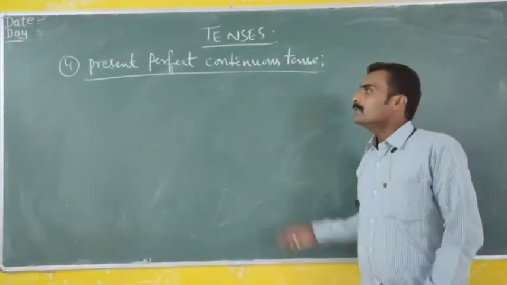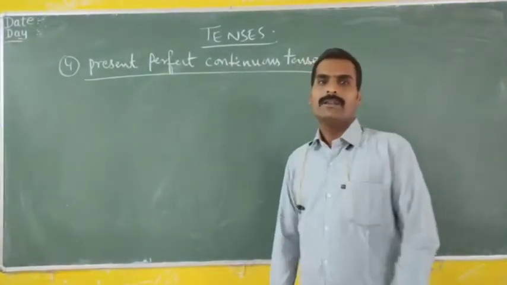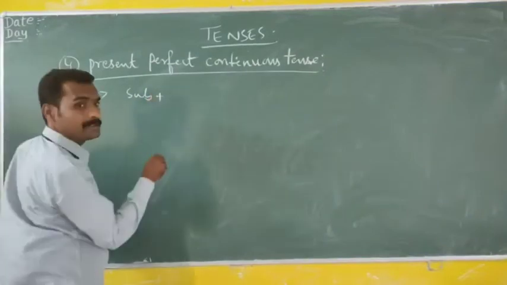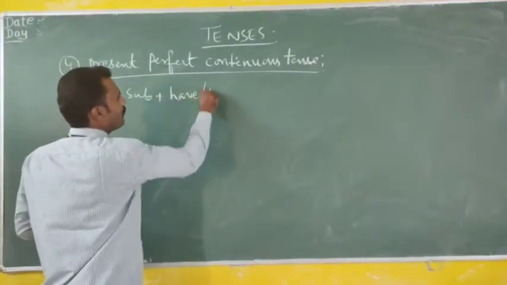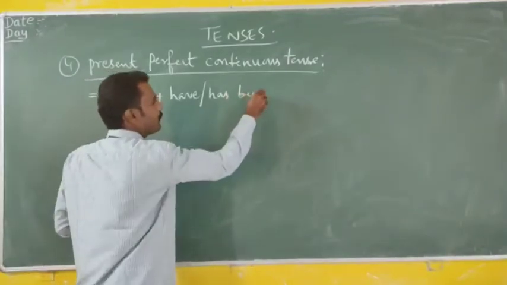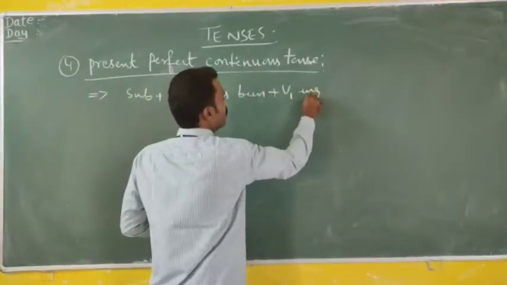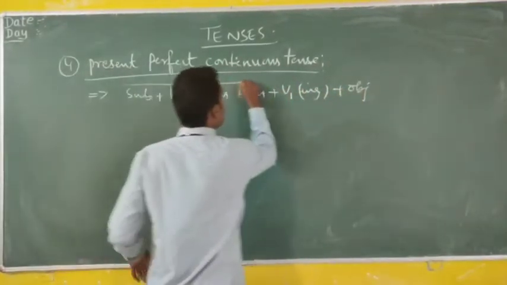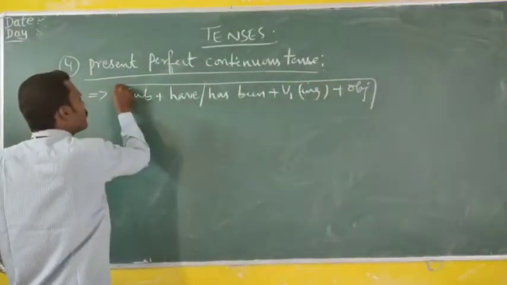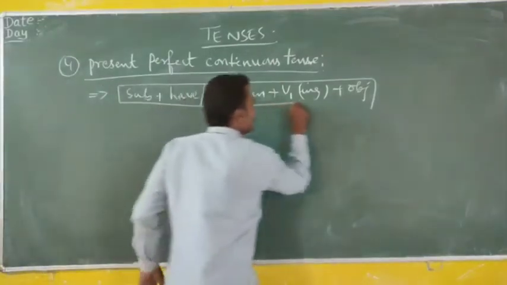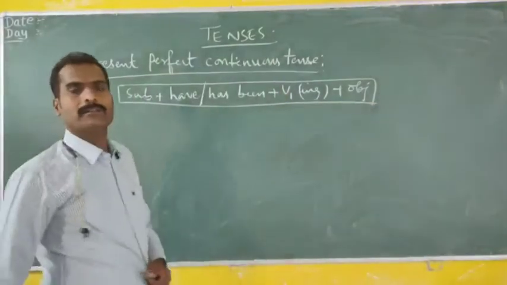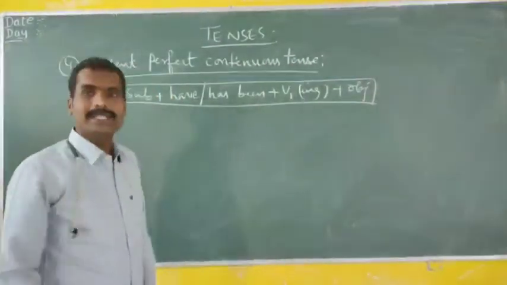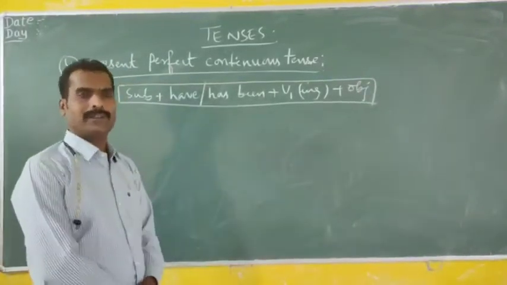We can make this present perfect continuous tense with the formula: subject plus have or has been plus V1 in -ing form plus object.